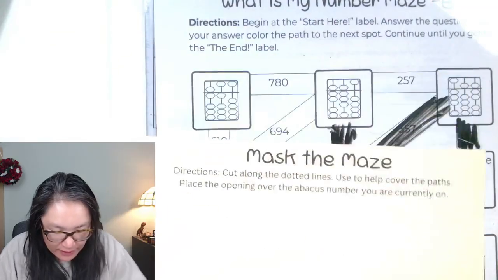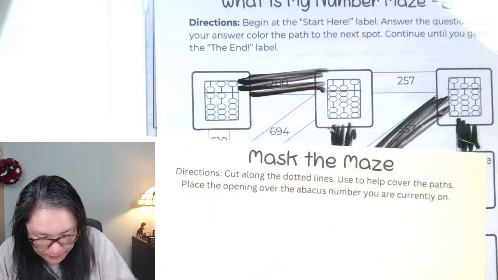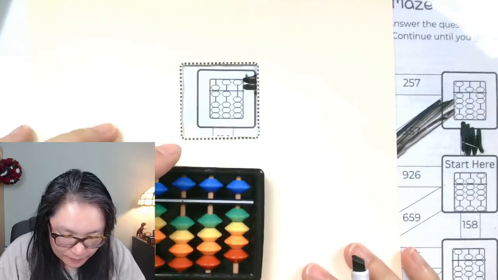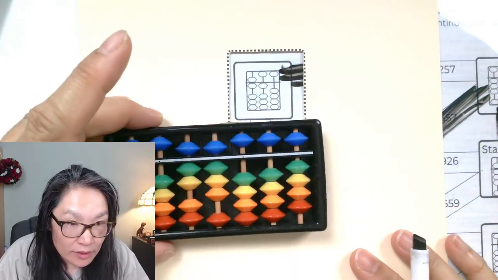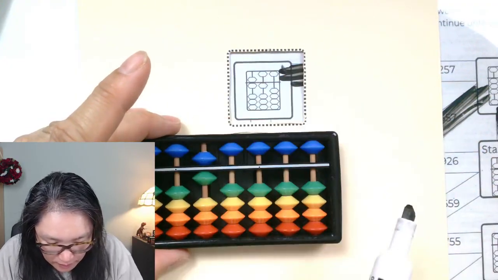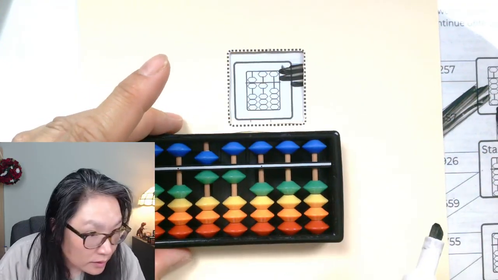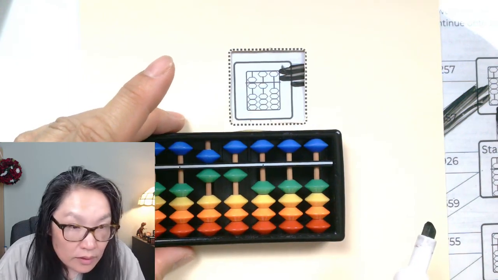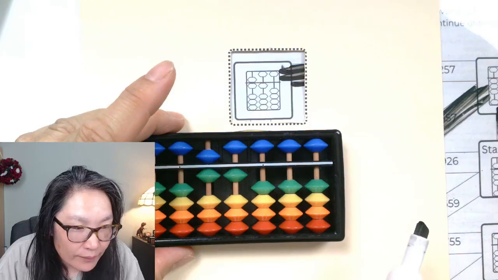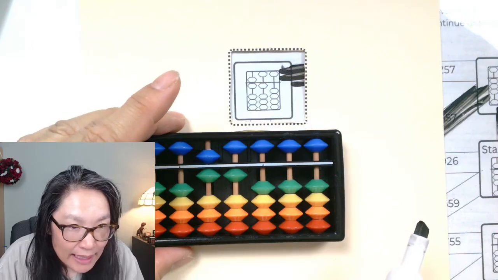So we have 780, so that's what this is. All right. So our next number is 1. Okay. What number is that one? 610. Yes. 610.